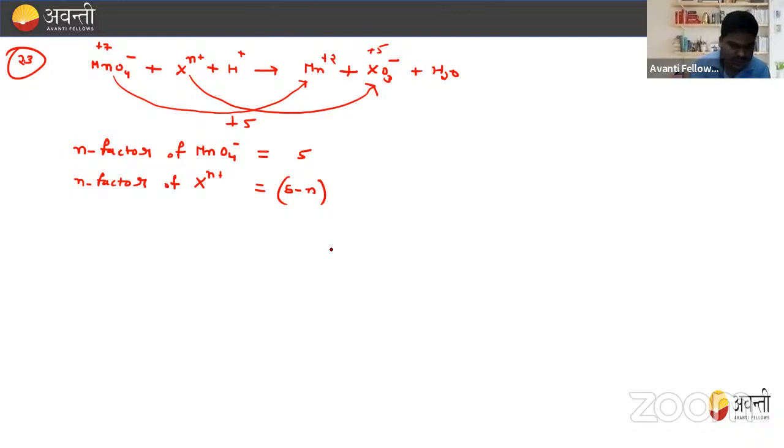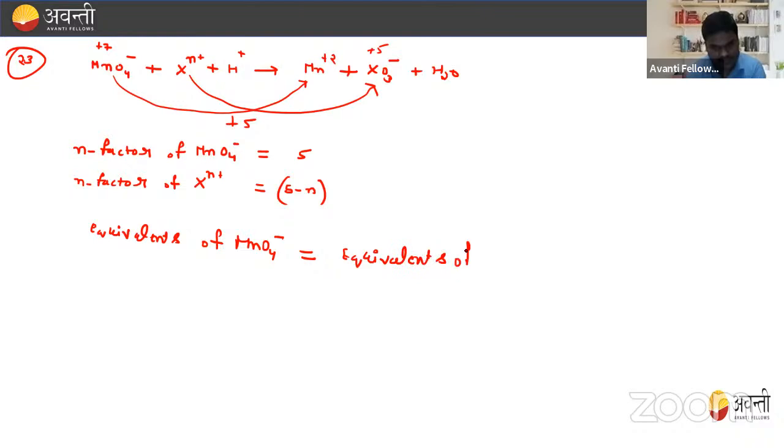Now we know from the law of equivalence that the equivalents of MnO4^- become equal to the equivalents of X^n+.